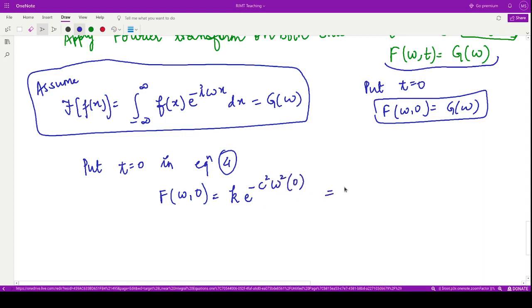So it would simply be equal to k. Therefore we obtain F(ω, 0) is equal to k and F(ω, 0) is equal to g(ω). So this implies k is equal to g(ω).